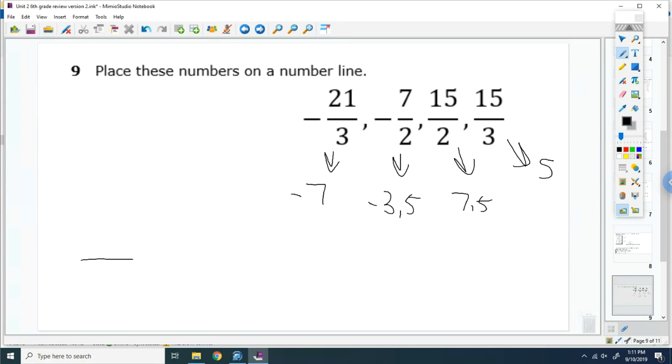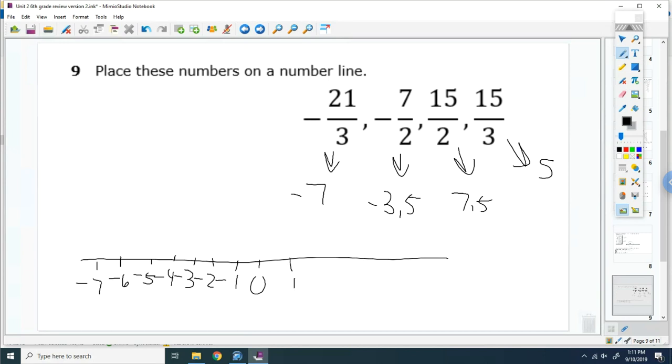So I would have a number line. 0, -1, -2, -3, -4, -5, -6, -7. 1, 2, 3, 4, 5, 6, 7, and 8.